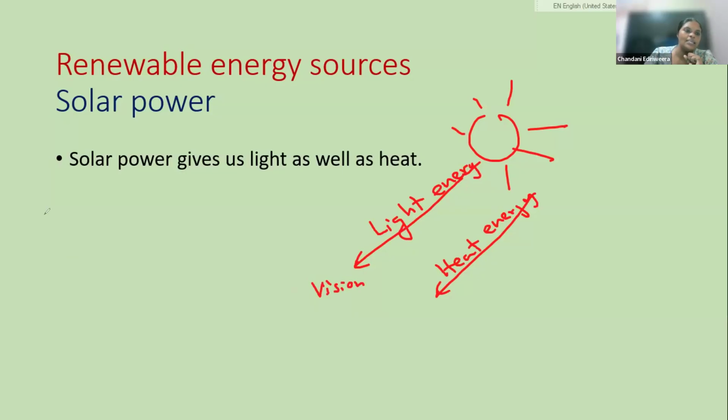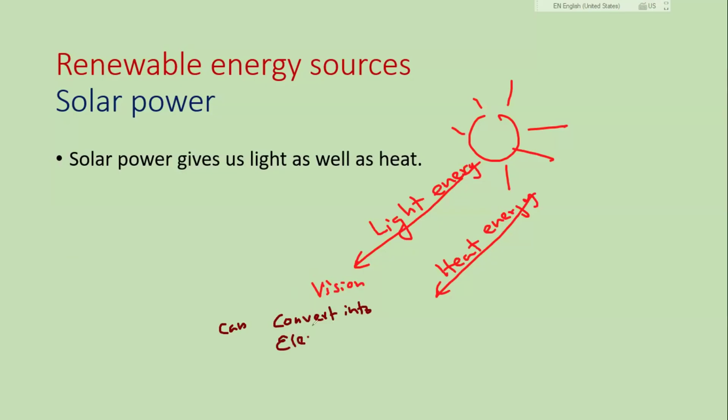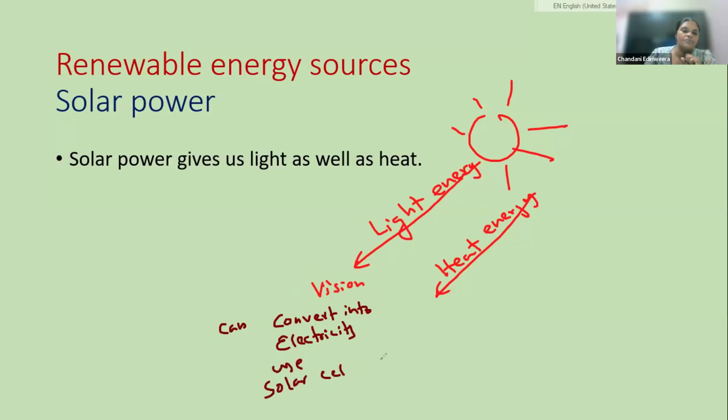And also, if you can remember, the light energy can be converted into electricity using the solar cell. We are going to discuss that one in detail. The sun is releasing the light energy.